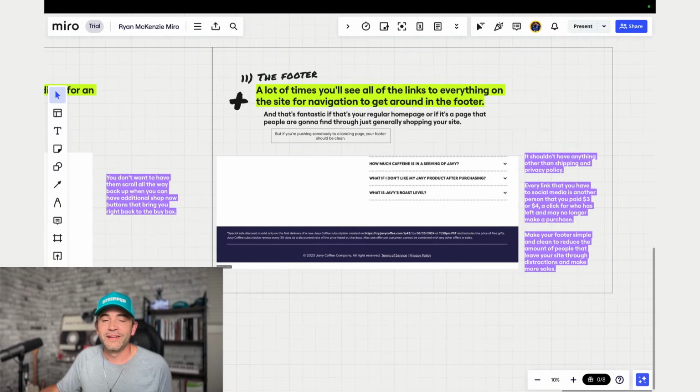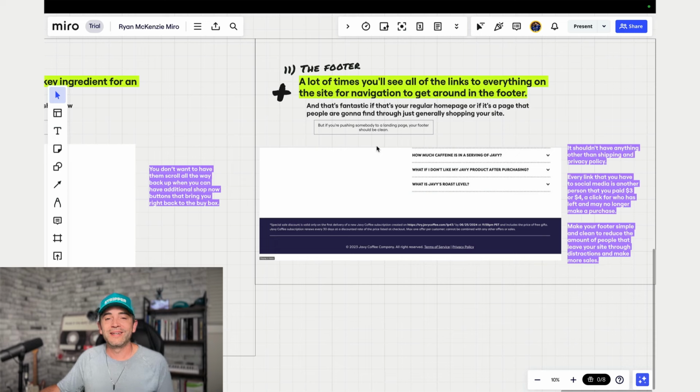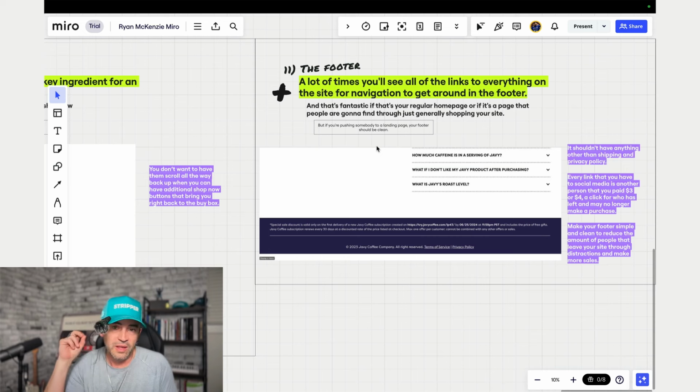And the last, final thing, and this one is so often overlooked, it's the footer. Some people's footers will have like 100 different links in them. They'll have all their social media. They'll have links to like their blog and all sorts of places on their site. That's great if it's your regular homepage. Don't get me wrong.